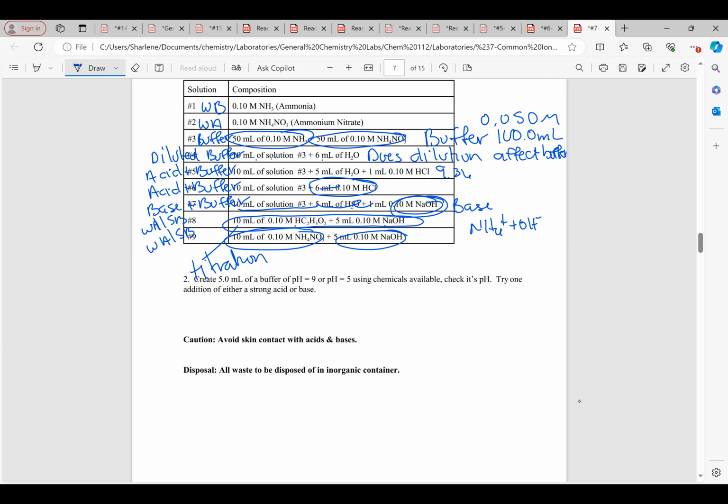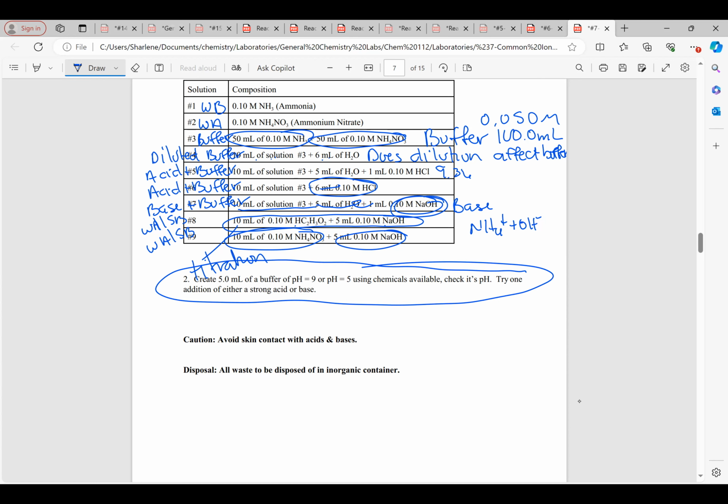Again, the lab doesn't take very long. It's, do you know what you should expect? And do you get what you were expecting? And then here's the practical. So you're going to create your own buffer. It can be a pH of 9, pH of 5. So anything in the lab that we have used in these 3 different labs, you're going to combine together to make your own buffer.